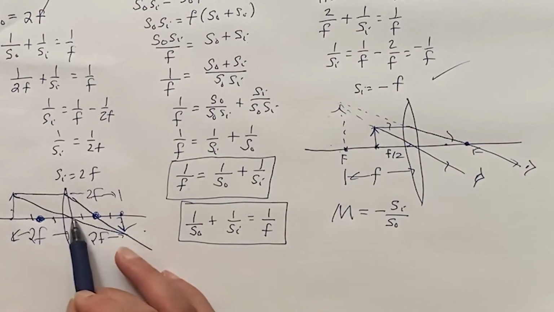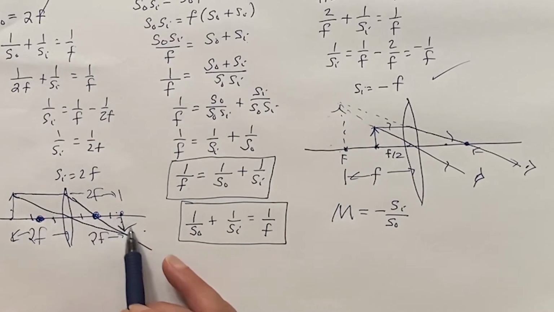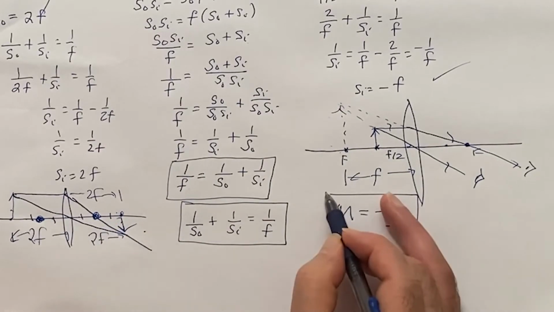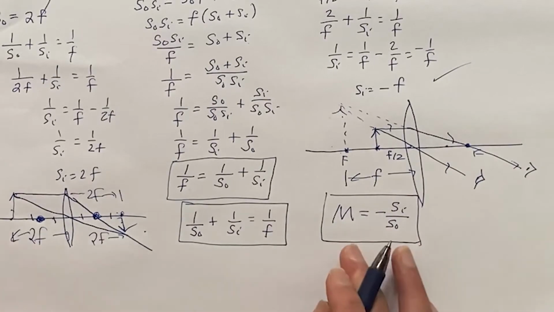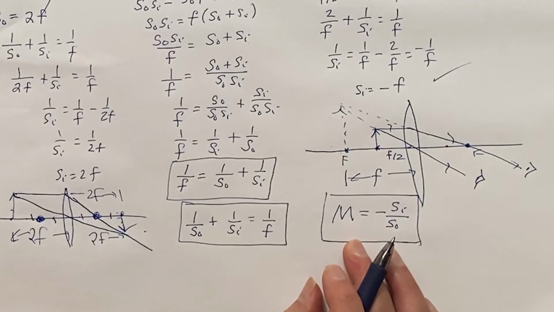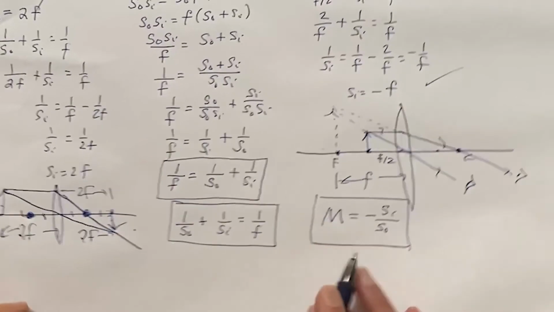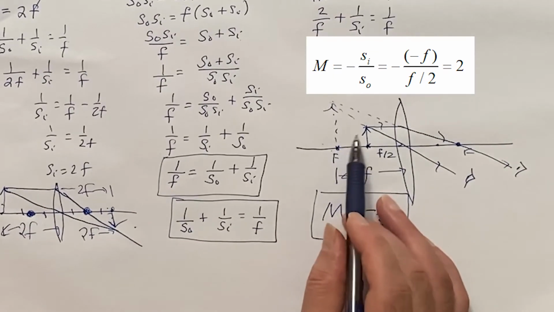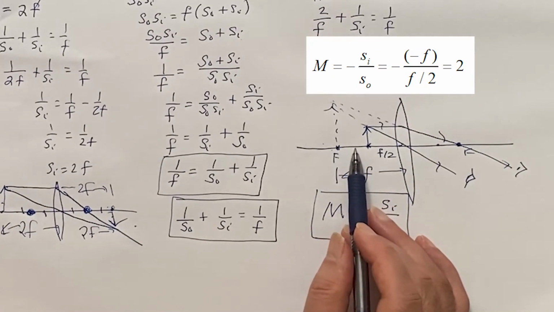SO is positive, SI is positive, then you get inverted. So that's what the minus sign does. These are the same equations. Just remember that the positive image space is going to be to the right of the lens. This is positive space, and this is negative space for the image, and you're all set.